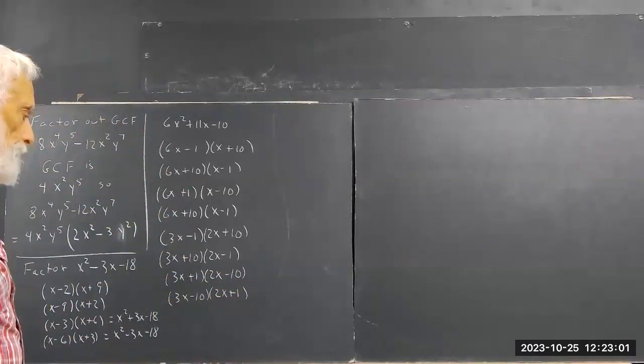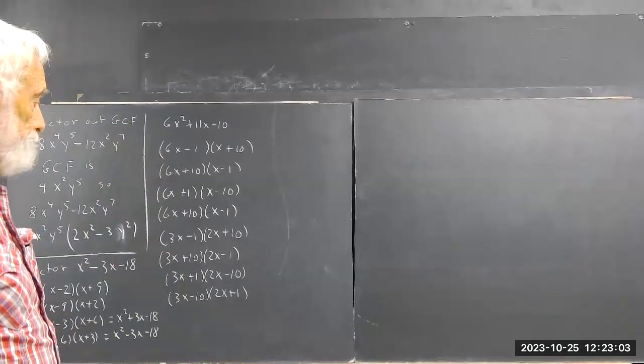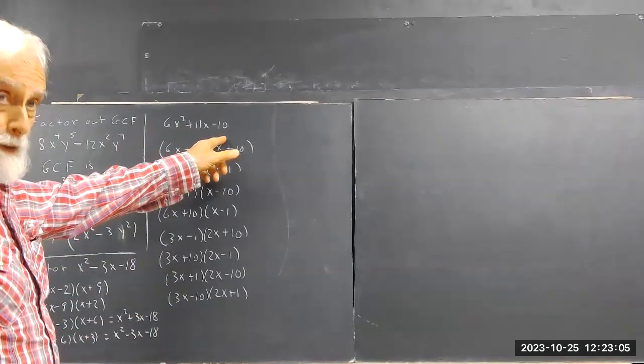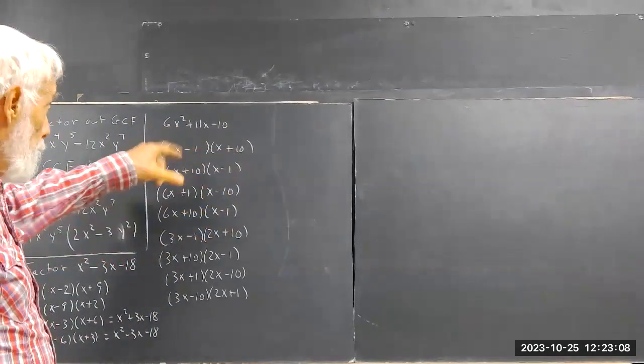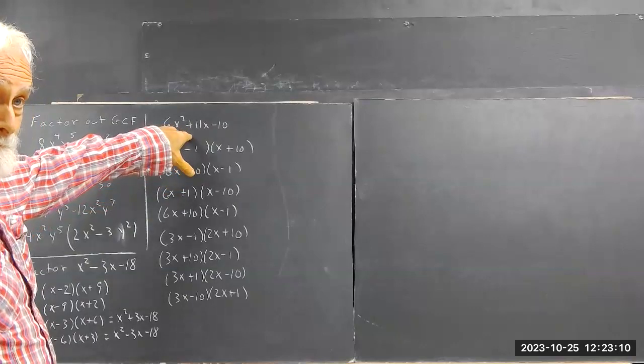There are 8 possibilities here, and they all give us 6x squared, and they all give us negative 10. One of these is going to give us plus 11.